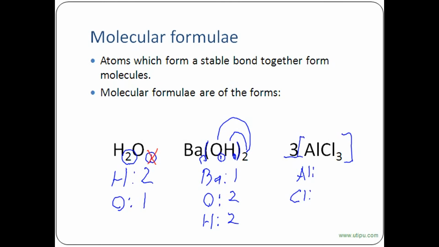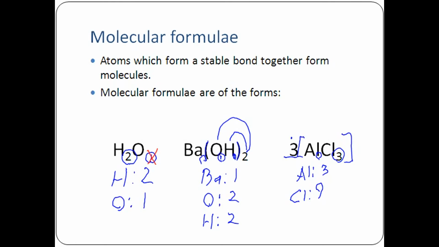How many aluminums do we have? Nothing after it, that means there's a 1. So we have 1 aluminum, but since we have 3 totals, 3 times 1 gives you 3. For chlorines, we have 3 chlorines right here, but there are 3 AlCl3s, so 3 times 3 is 9. And so that's how we get that. That's how you figure out the number of each atom in a molecular formula.